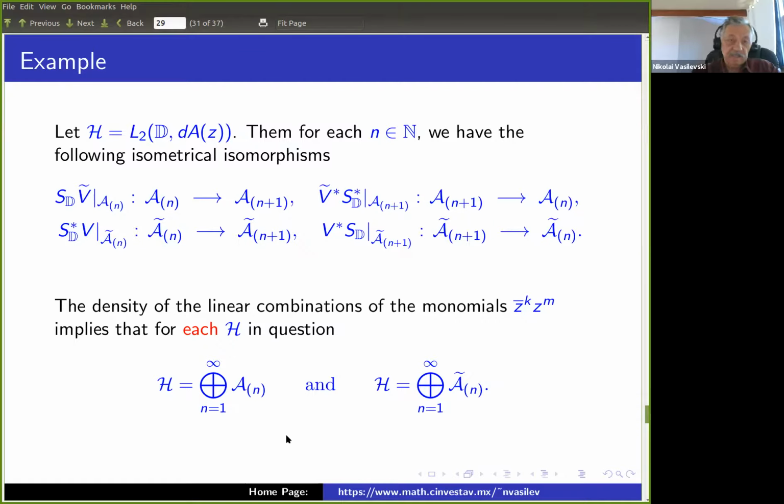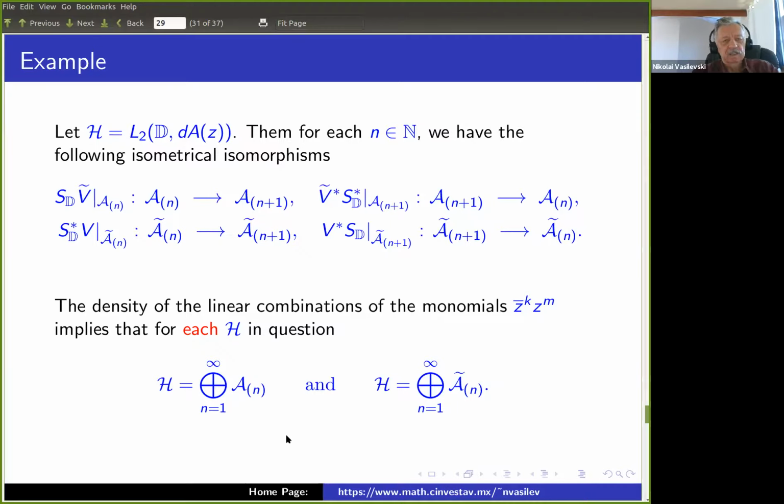Okay, as an example, we can consider again L2 over the unit disk, the standard L2 over the unit disk, and the isometries which move between different true polyanalytic and true anti-polyanalytic spaces are given in terms of the two-dimensional singular integral operator combined with our isometries V and V tilde.